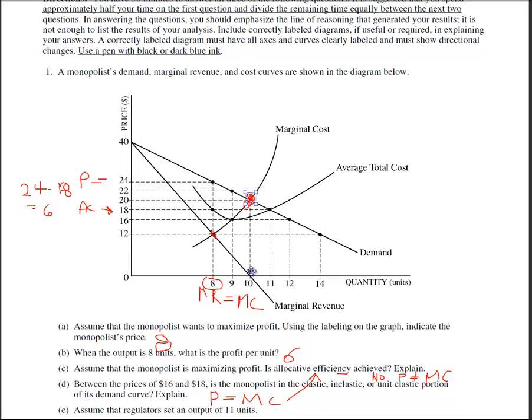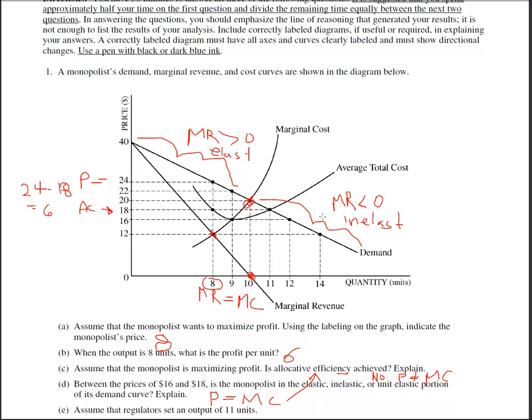And all the way along here, where marginal revenue is greater than 0, it's elastic. And down here, marginal revenue is less than 0, it's inelastic.